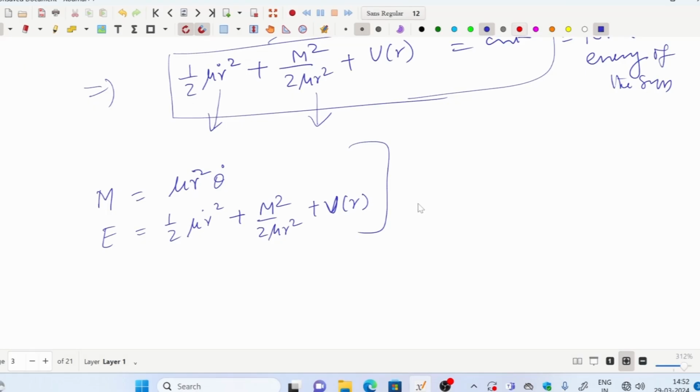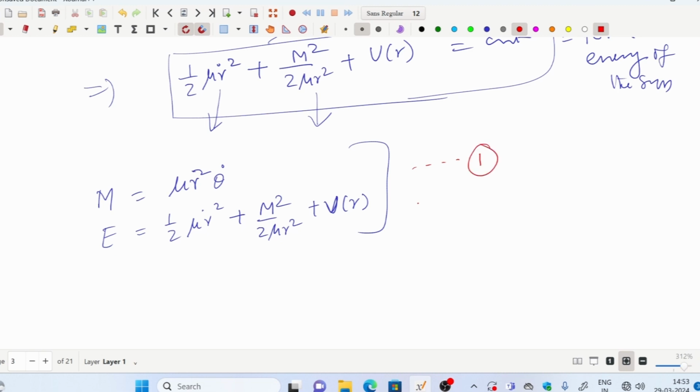Now here we find an expression for the total energy, which is also conserved for this system. Now when we find a solution of a central force problem, we need to integrate these two equations to find the integral solution. So to obtain that, let me write these two equations. So let me have a number. So this is equation number 1.